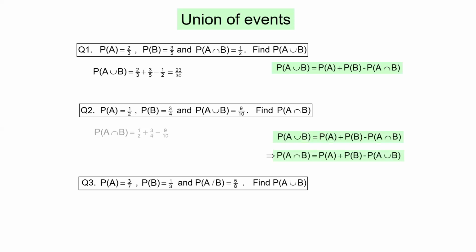Wait, hold up. I'm getting 7 upon 20. Wait 1 second. Okay, yes, sir, it's fine. I did multiply instead of plus. Yeah, it's 7 over 20, so it's okay.